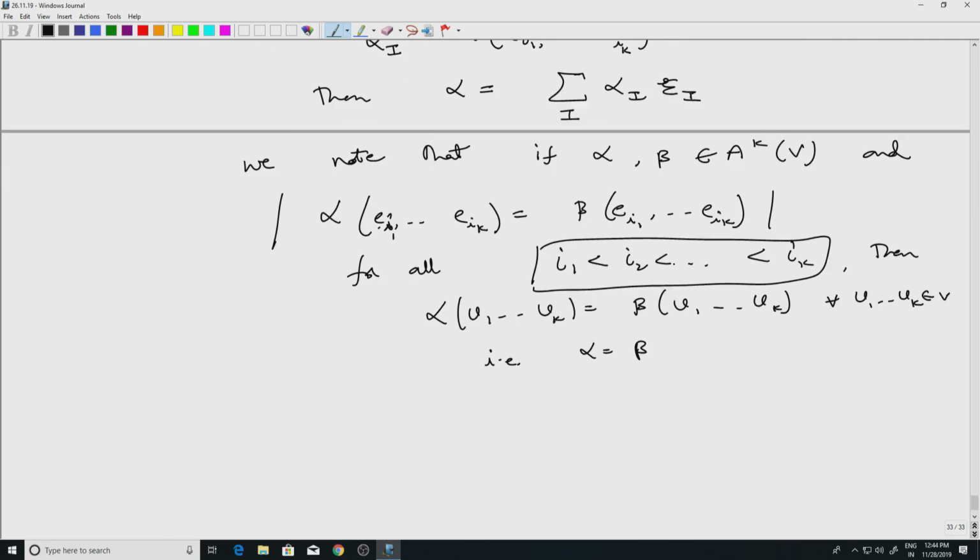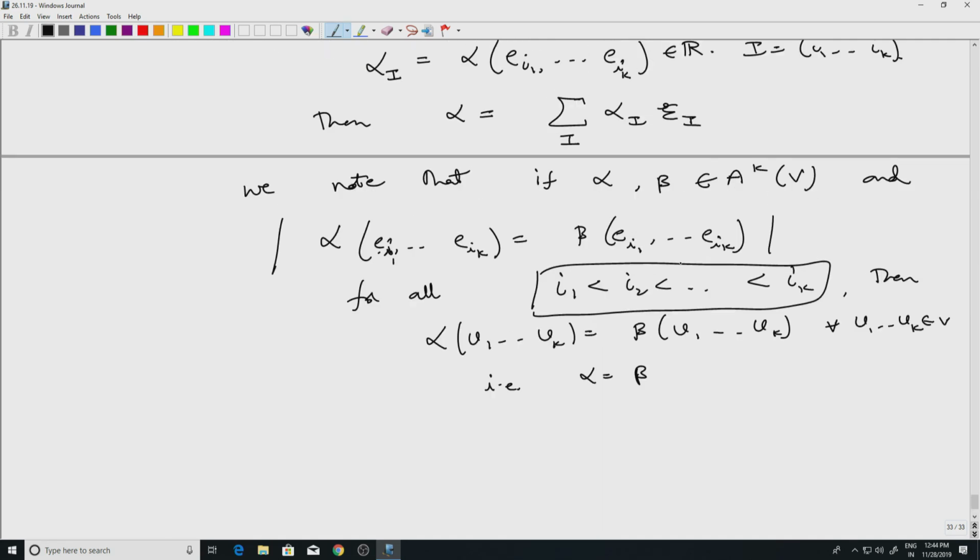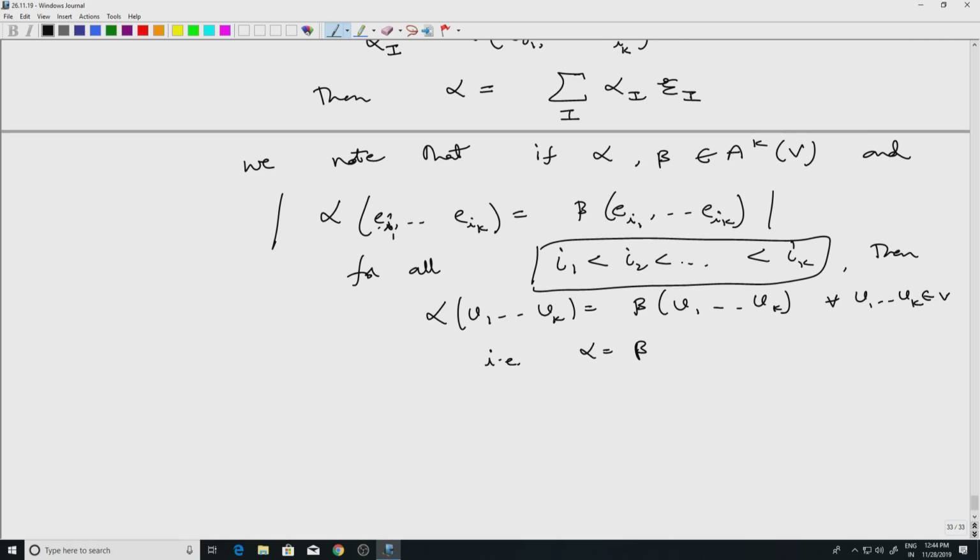And when I have such an index sequence, let's start with something like that. Let J equal to (j1, ..., jK) with j1 less than ... less than jK, as will be the case for everything that we work with.